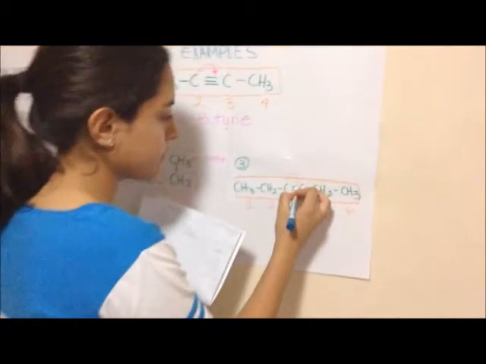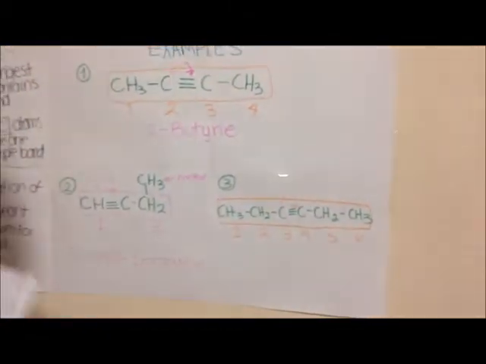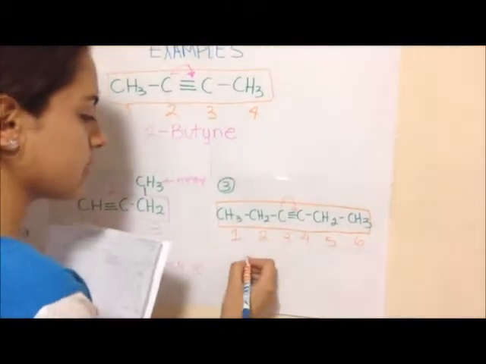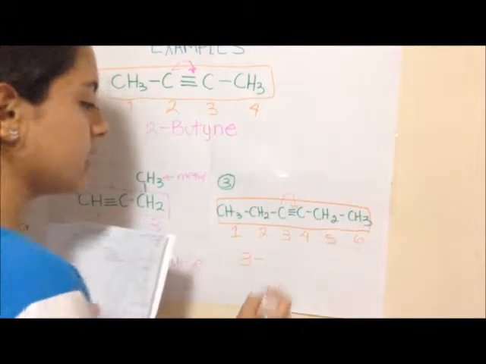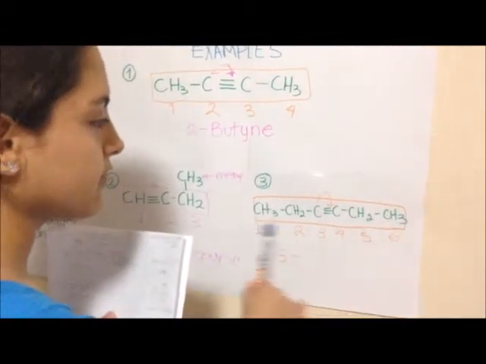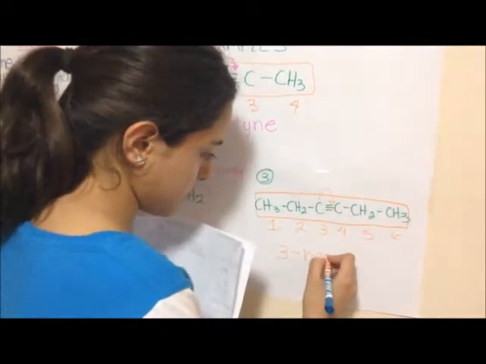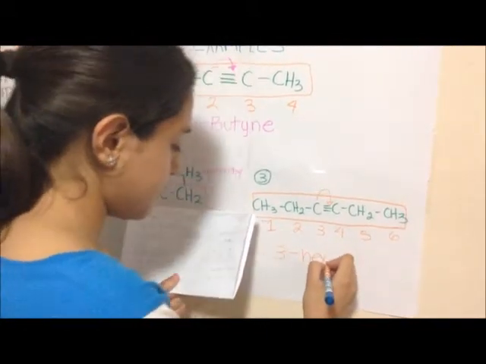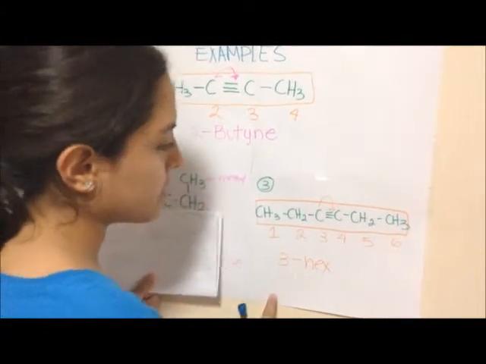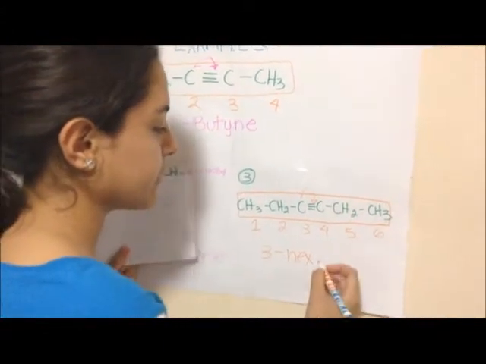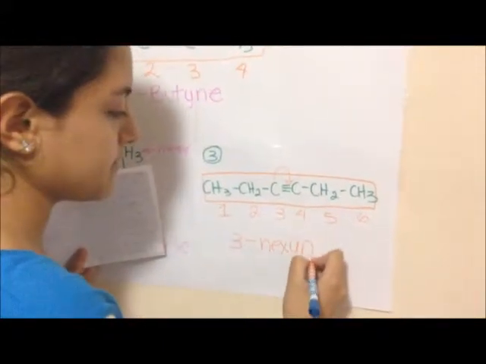In this case it will be from the carbon atom number 3, so we will write 3 hyphen, and the name of the prefix of this chain would be hex, and then we write the termination of an alkyne, 3-hexyne.